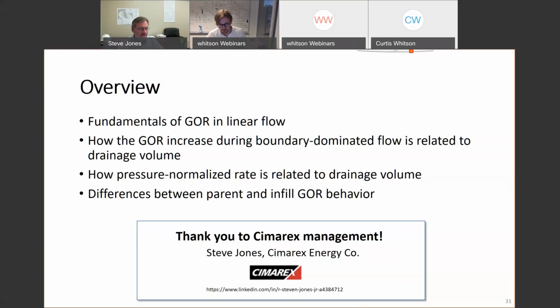Very good. And I can say, at least from our shop, we share that experience, Steve, that there are enough knobs in the conventional toolbox to turn to match producing GOR behavior.